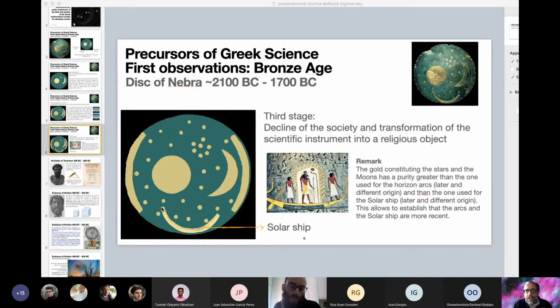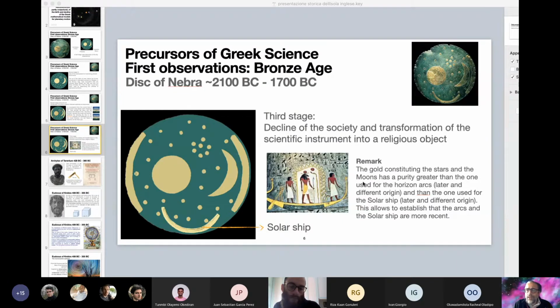They glued another small golden sheet there, which is the solar ship, and they buried this object in a tomb.